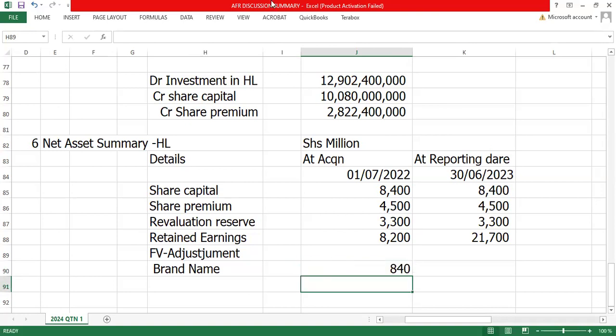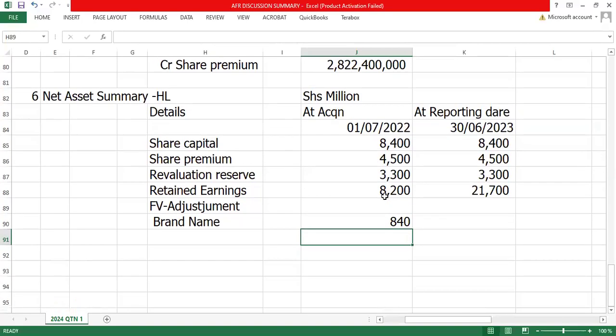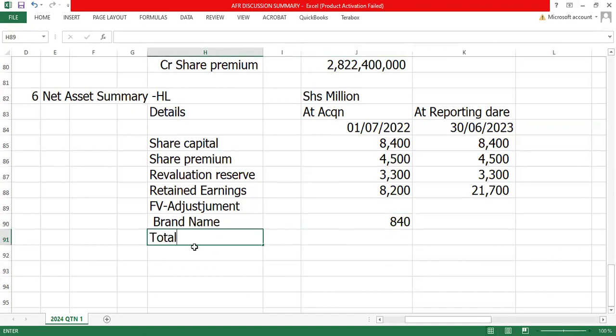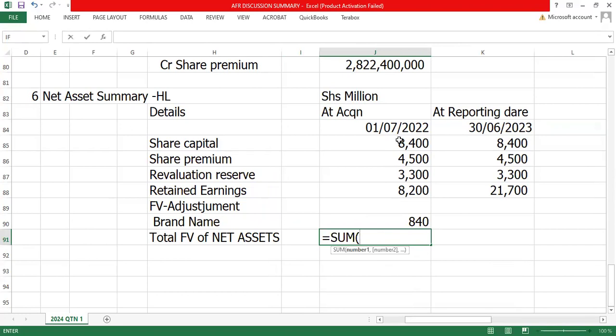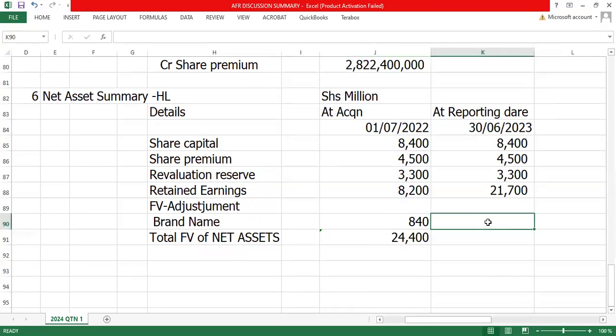It means that the book values were understated, so you increase the book values by 840 so that you can get the total fair value of net assets. Okay? So here what you get, you simply add.